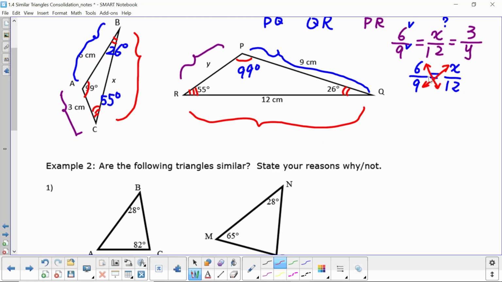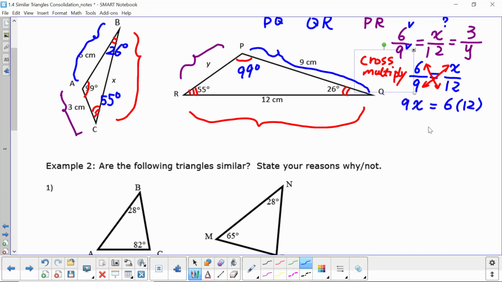That is the reason I call it cross multiply. So these arrows represent times. We put x on the left side, so 9 multiplied by x on one side. And the other cross goes to the other side: 6 times 12.